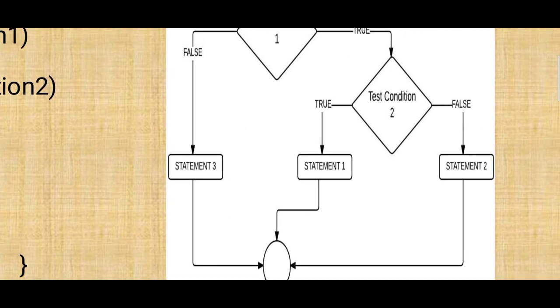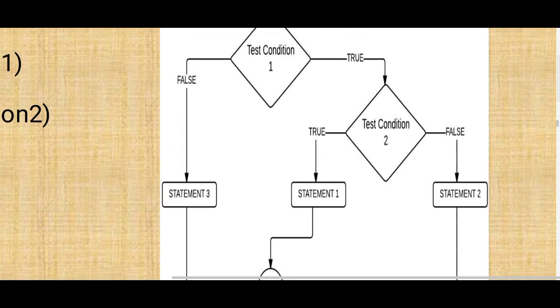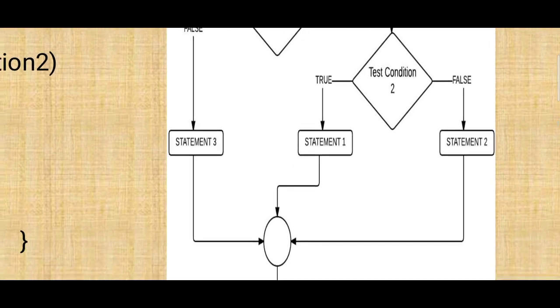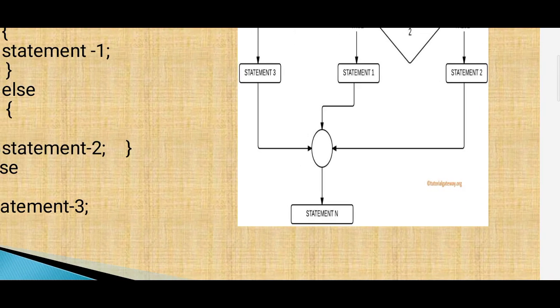If the first test condition is true and the second test condition is also true, go to statement 1. If the first condition is true and the second condition is false, it goes to statement 2 and then to statement n.